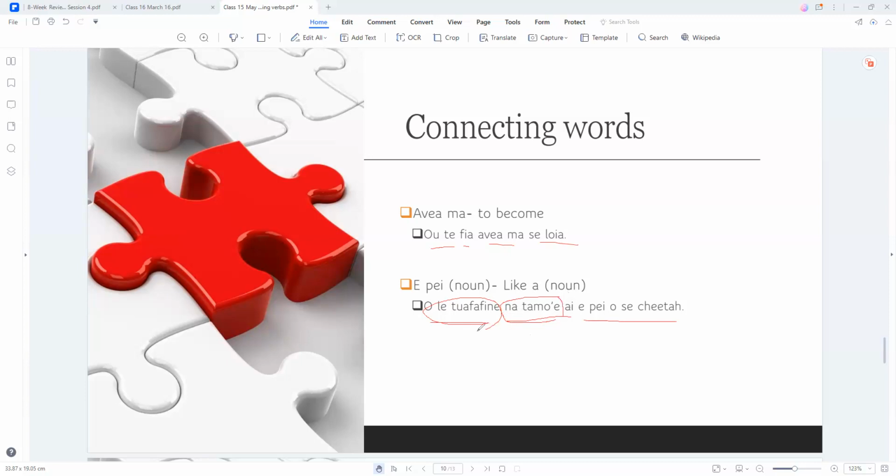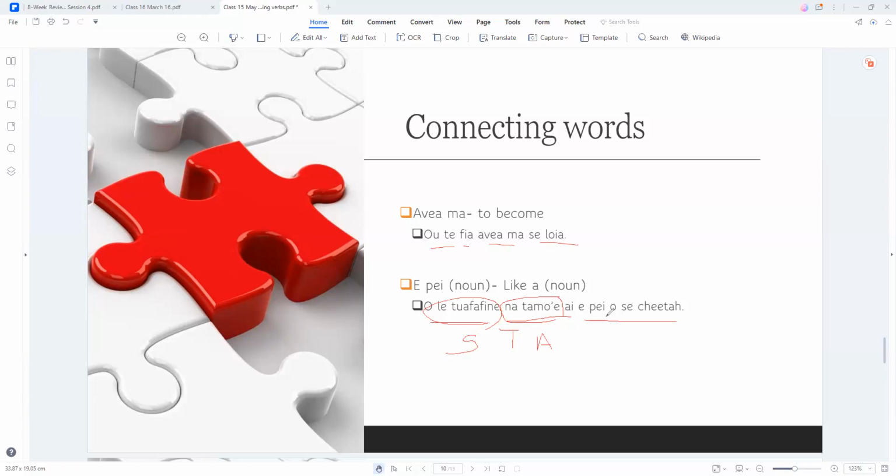We'll talk about why the ai is right there. We're starting with our subject phrase, and the rest is what you're familiar with: tense, and then the action. Because we already said our subject, that's why the ai is right there. So o le tu fa fine na tamoe ai e pei o se cheetah.